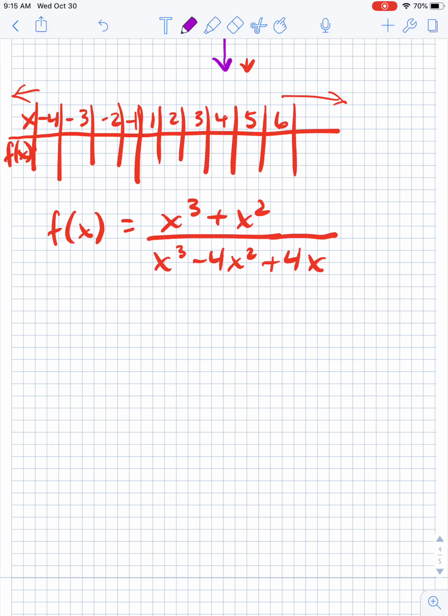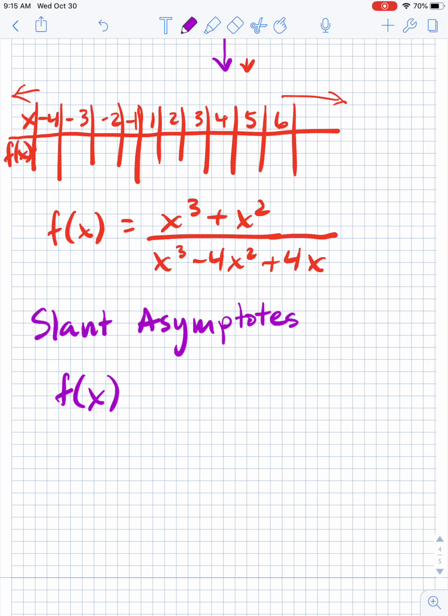So with slant asymptotes, you are only going to have slant asymptotes if you have a situation where your numerator is 1 degree up from your denominator.